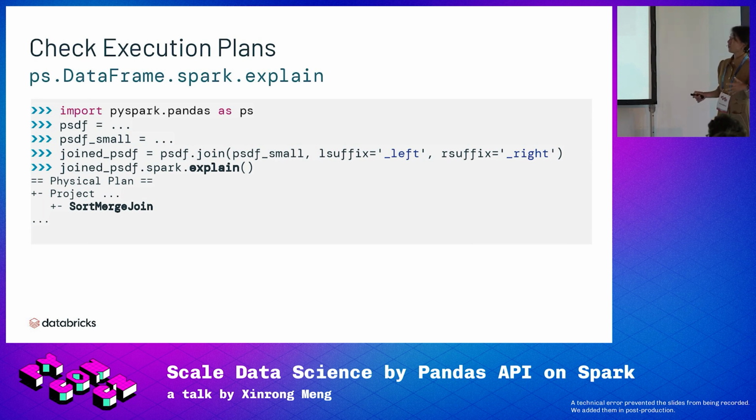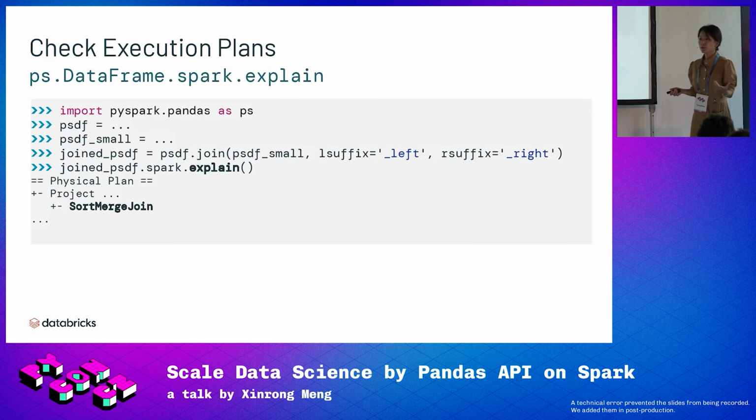Here's an example. We have two Pandas on Spark frames, and we want to do the join. By calling the explain API, we can see in its physical plan that we use the sort merge join as the join strategy.